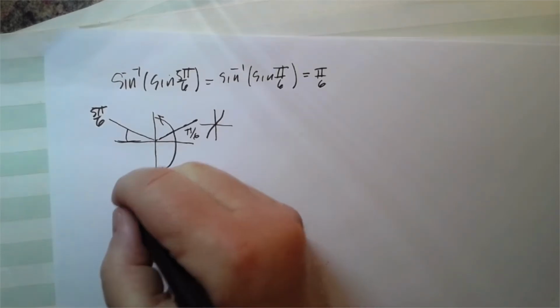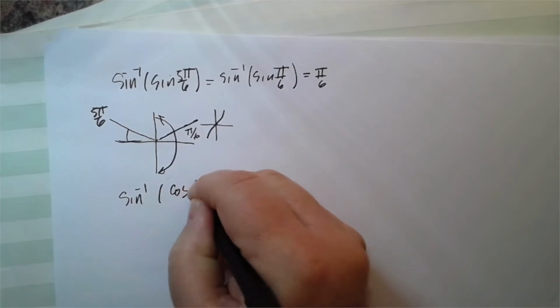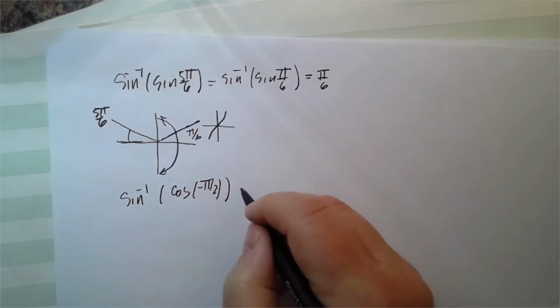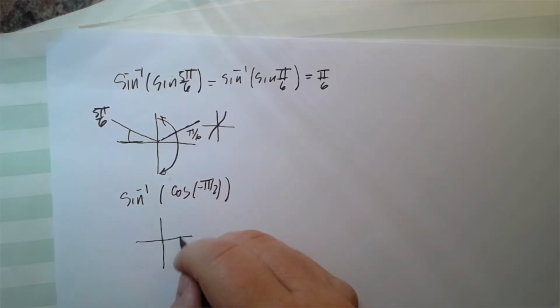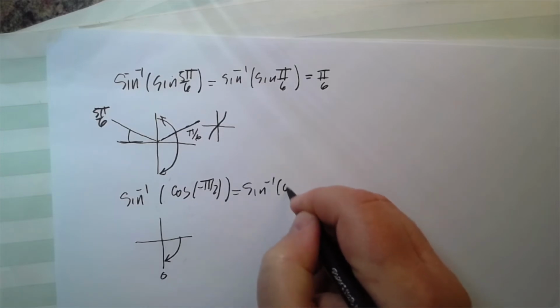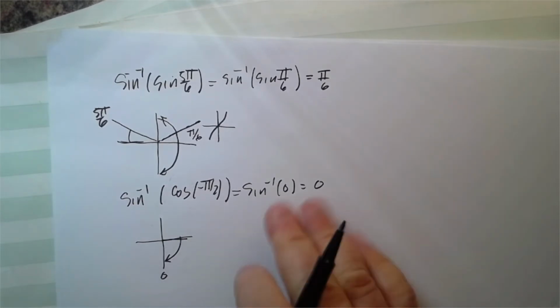Alright, let's try this one. Sine inverse of cosine of minus pi over 2. Well, the cosine of minus pi over 2 is here, which is 0. Sine inverse of 0 would just be 0, because that's where the sine is equal to 0.